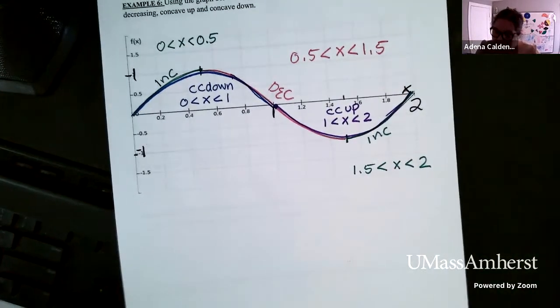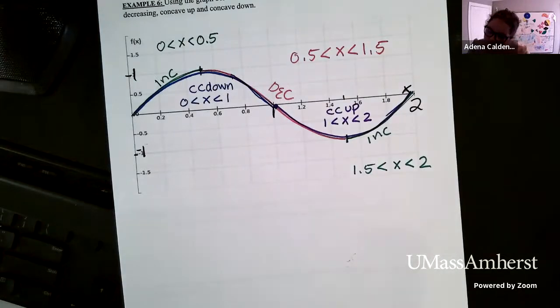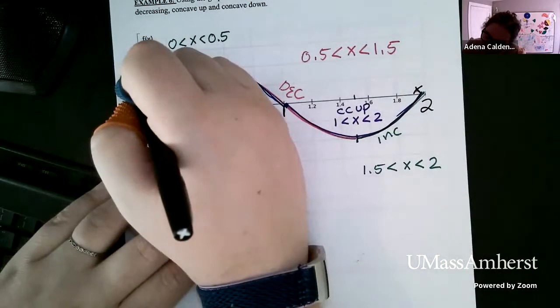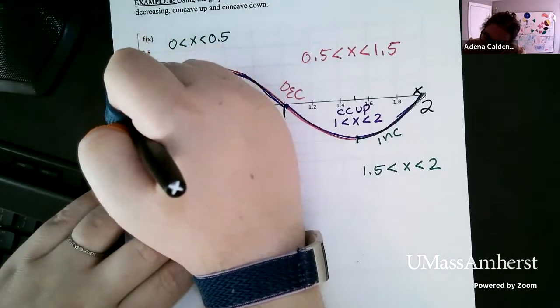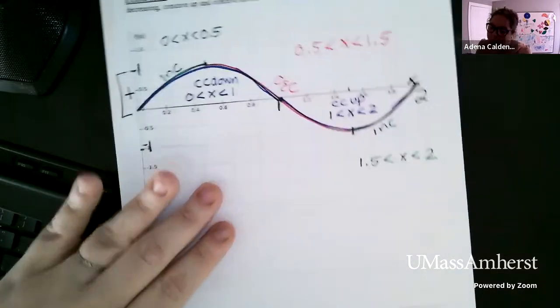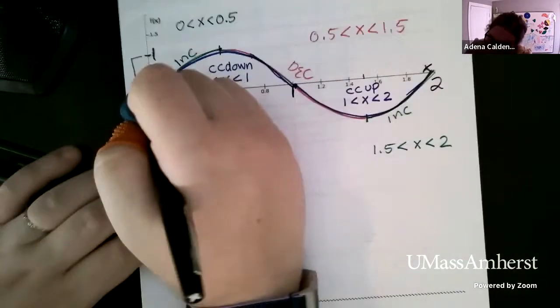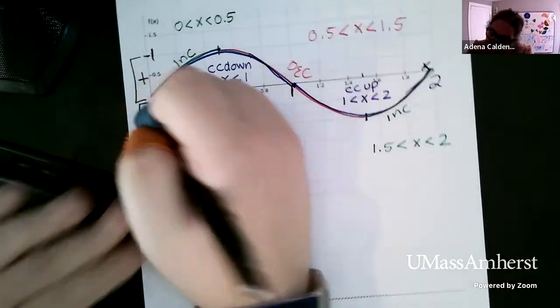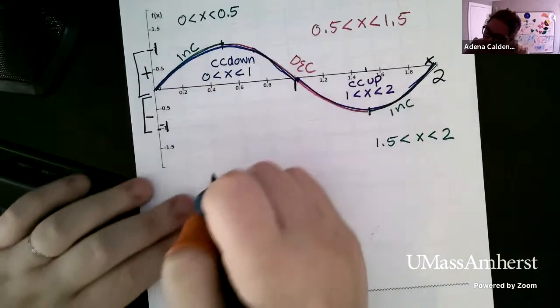Okay, now finally, if you had time for this, I asked you to think about where this graph was positive and where it's negative. So here, for the portion of the graph that's above the x-axis, that's going to be positive. And then the portion that's below is going to be negative.